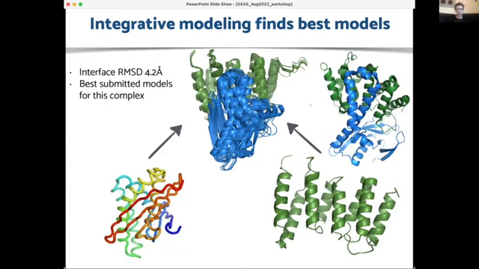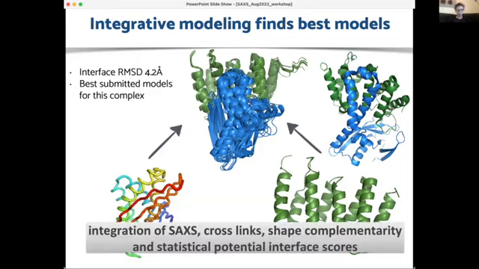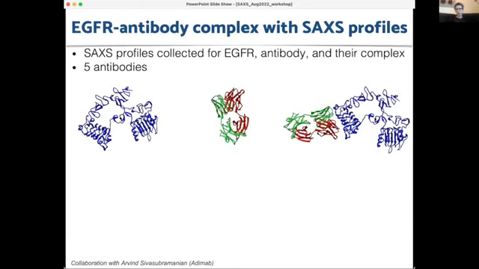So this is a nice example of integration of two data sets, SAXS and crosslinks, and obviously shape complementarity and statistical potential for interface scores. And now I will use the remaining time to talk about antibodies.